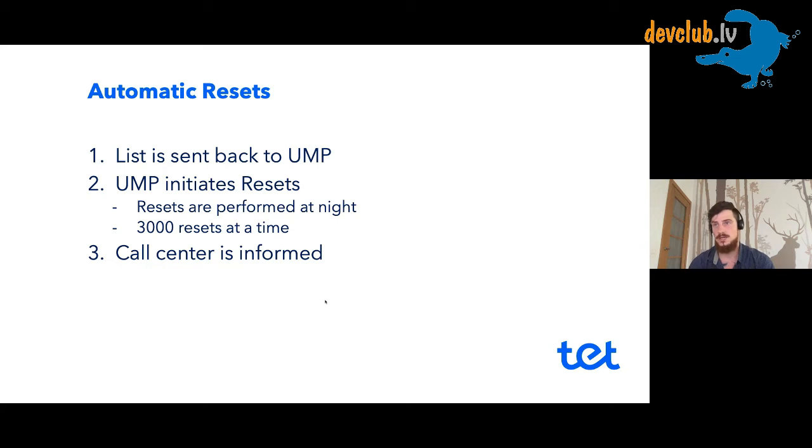We could identify a potential problem right away as the data comes in, but we are not able to act on it straight away. And we only do 3,000 resets at a time for now, just to make sure that if there's some fault, we are not causing problems to too many people.